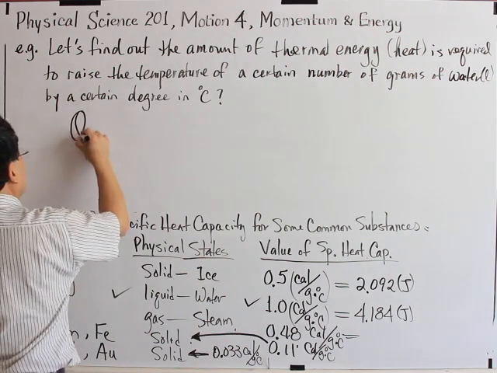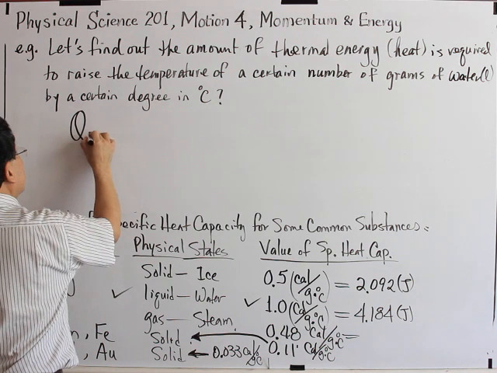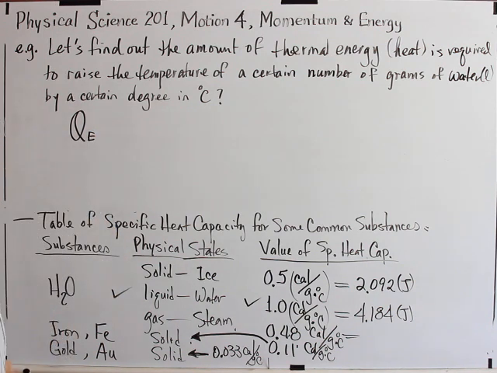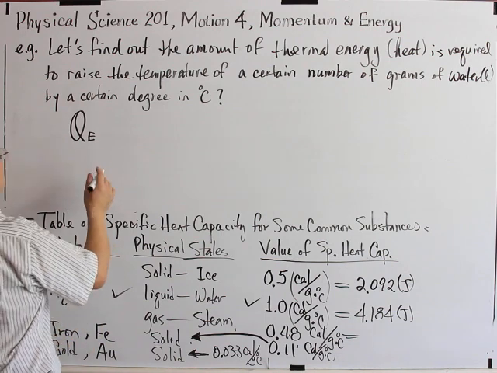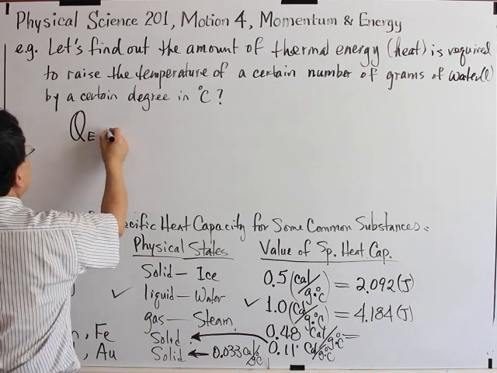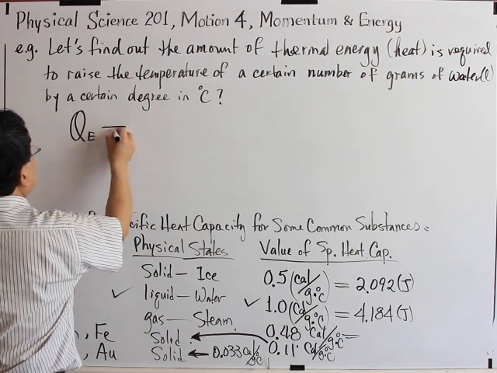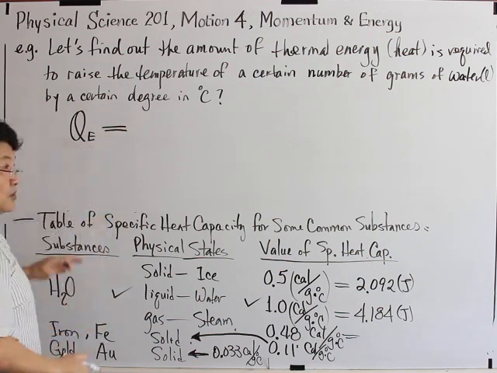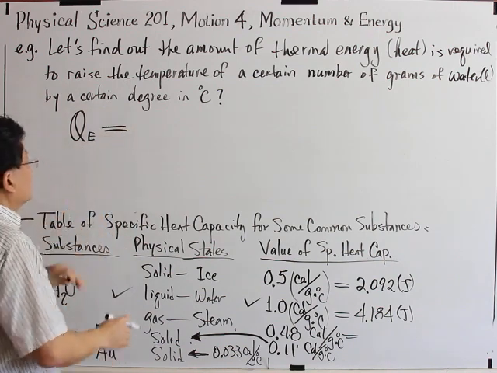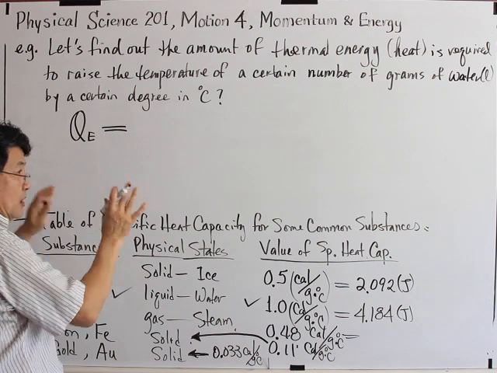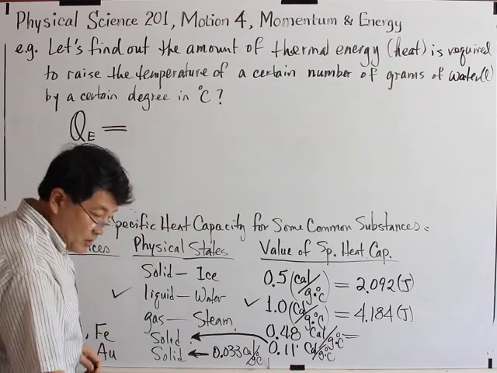The quantity Q for thermal energy, Q sub E. Alright, I use this symbol all the time. It's very clear. There's no confusion. Sub E means energy. And we haven't introduced what kind of energy or what kind of heat we call it. We're going to get in there in the near future.